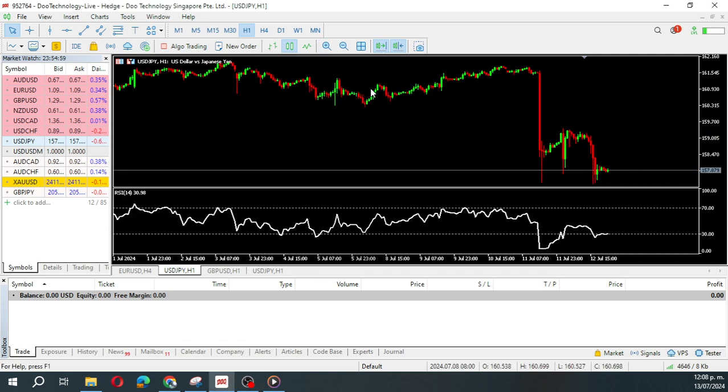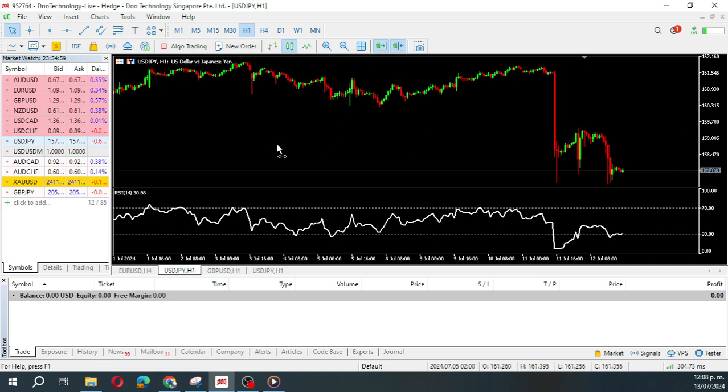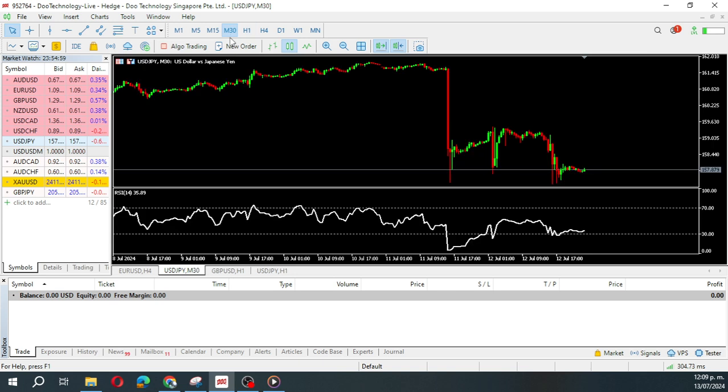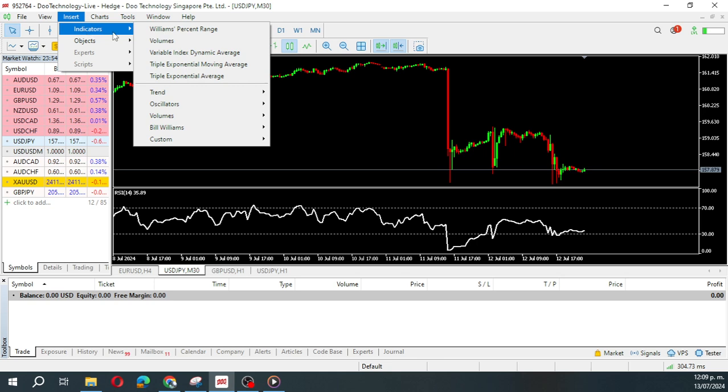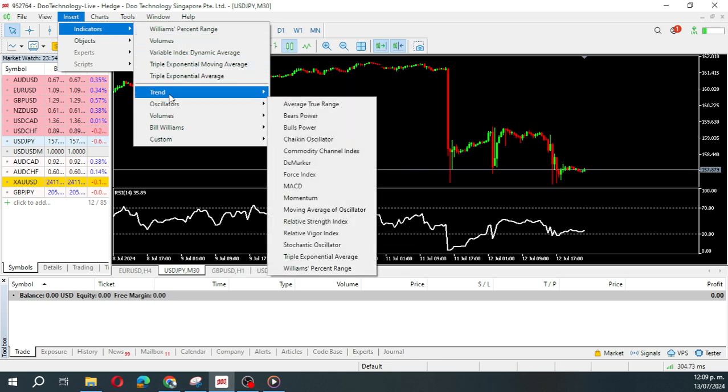So this is the basics about the RSI, right? So in order to do a better trading system, we are going to combine two kinds of indicators, right? So I'm going to insert another indicator, but this is not an oscillator.